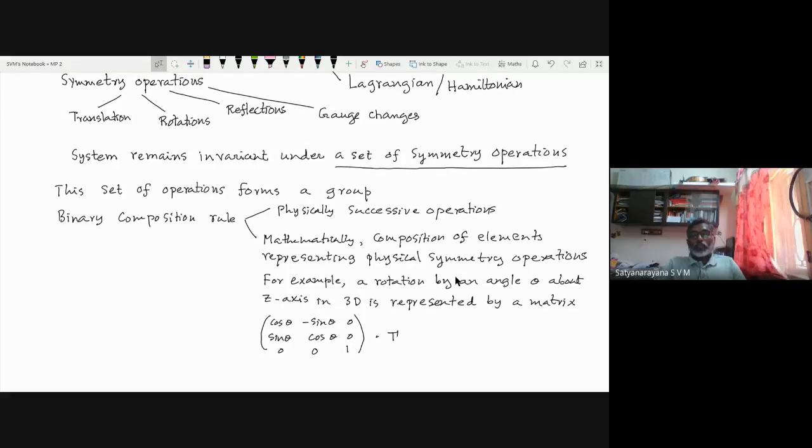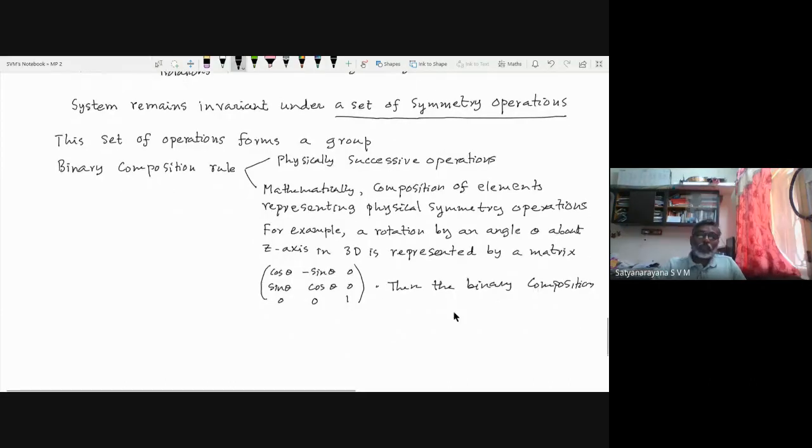Then the binary composition is matrix multiplication. Okay. So this is the structure that we have.